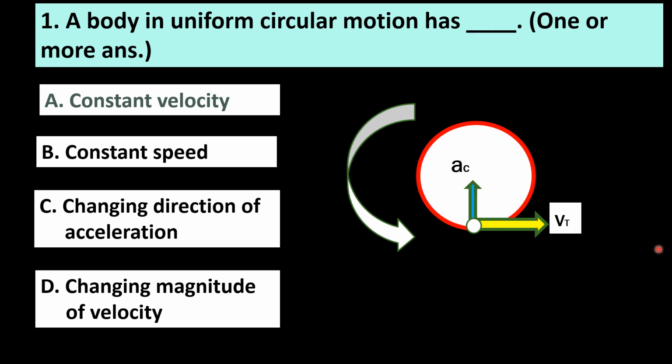Since this tutorial focuses only on the kinematics of uniform circular motion, we are not going to talk so much about the dynamics aspect, but it is worth mentioning that for a body to move in a circular path, there must be a net force.